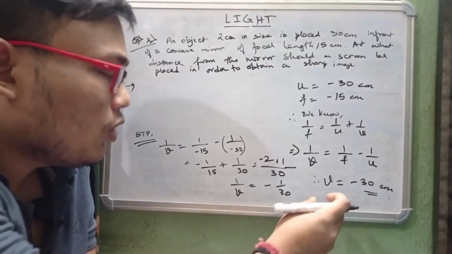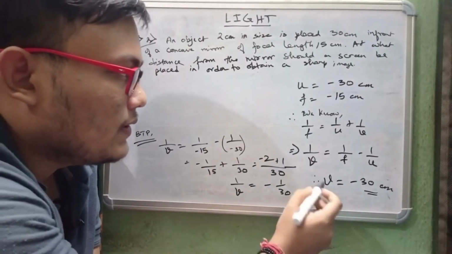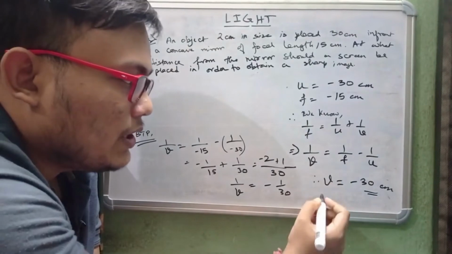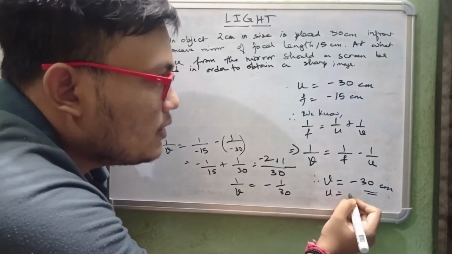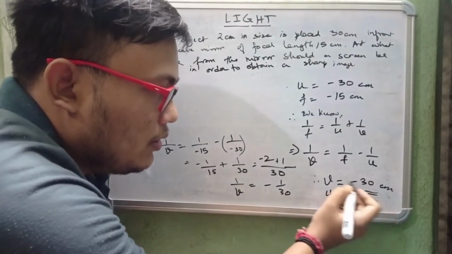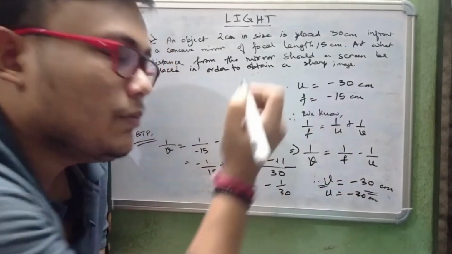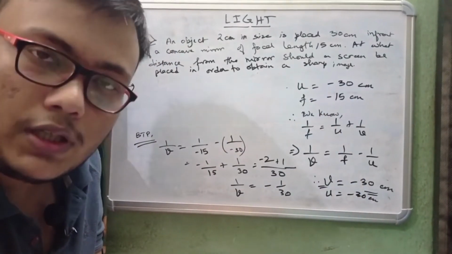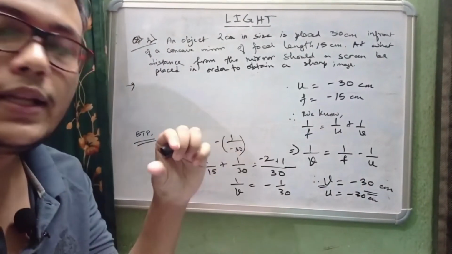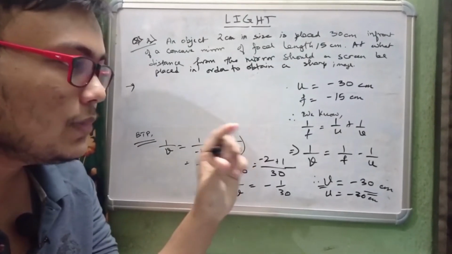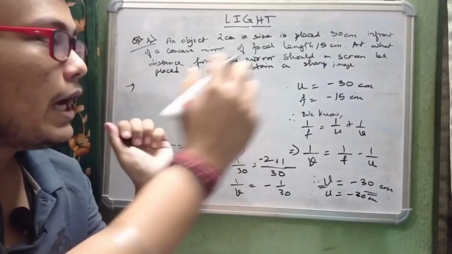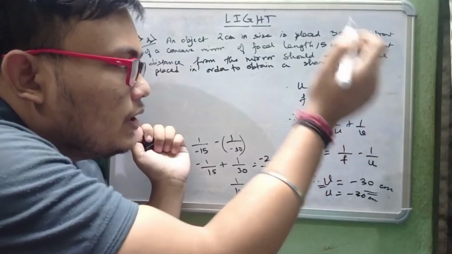So what we can notice from here is that the object distance u is minus 30, and we found that the image distance is also minus 30, right? So we can say that the object and the image are placed at the same position, and we also know the focal length is minus 15.